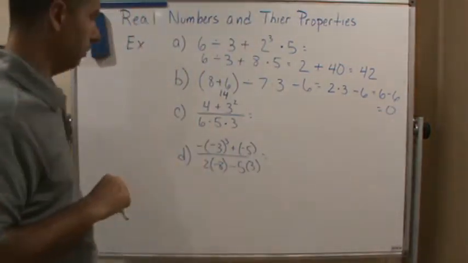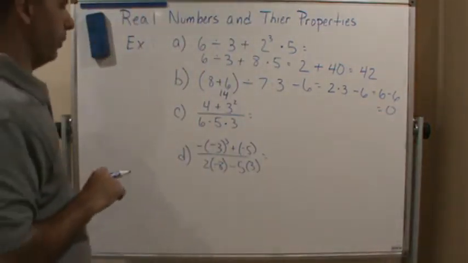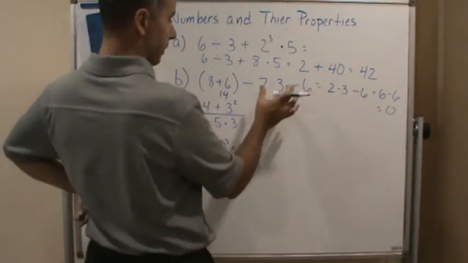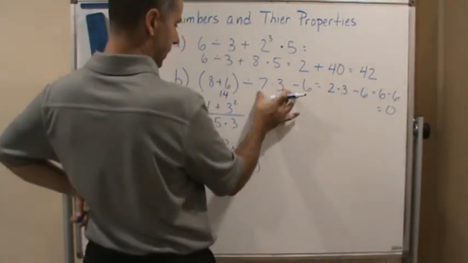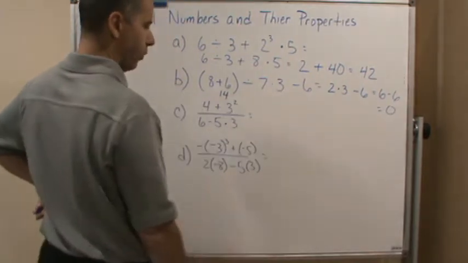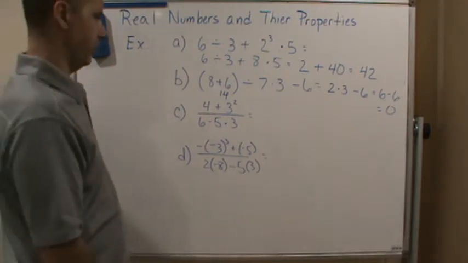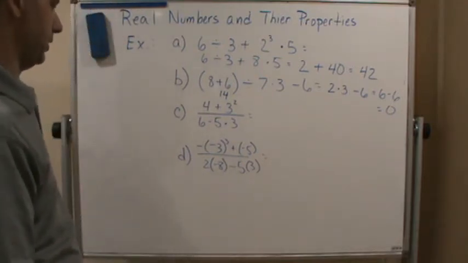And so we get 0. Now, if we would have done it differently and multiplied first and then did 14 divided by 21, that would have been wrong. So remember, pay attention to the order of operations.